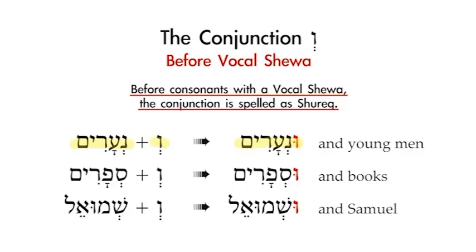In our second example, va-sefarim, because the samekh has vocal schwa underneath it, that conjunction is going to be spelled like shureq, u-sefarim. And the same thing at the bottom with Shemuel, the word for Samuel. We would have something like va-Shemuel, but because that conjunction is prefixed to a word that begins with vocal schwa, it is spelled with shureq.